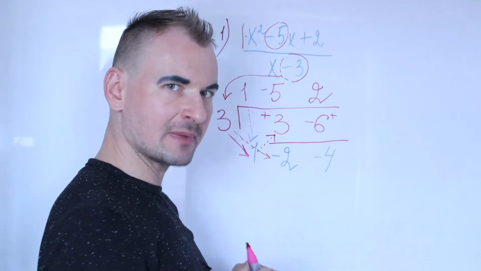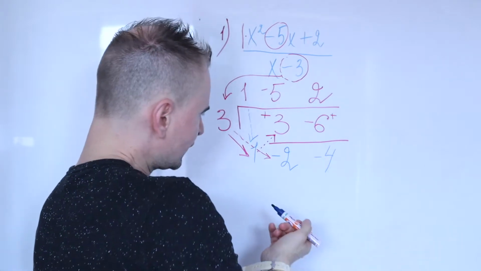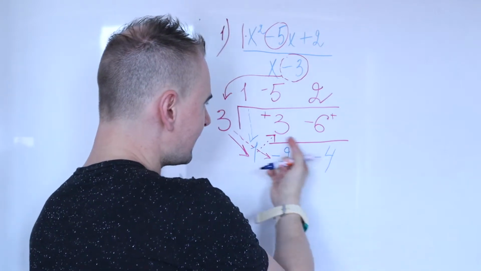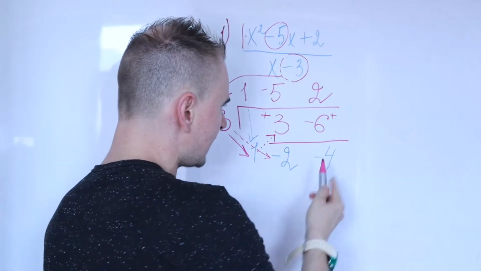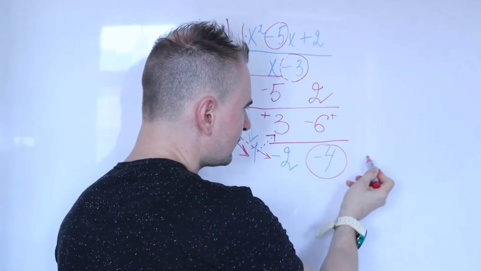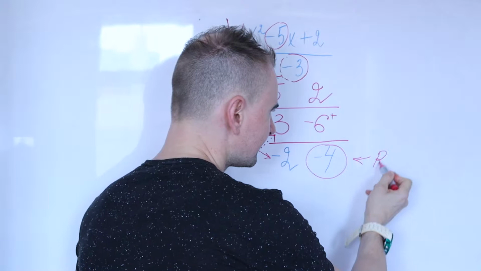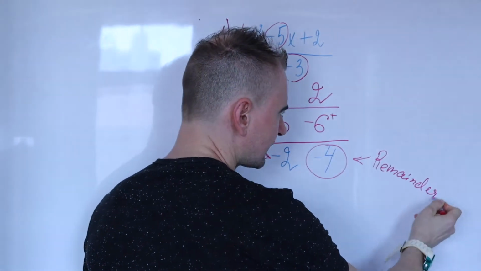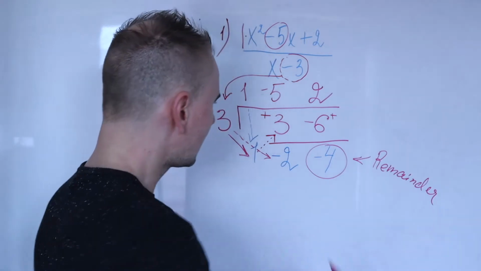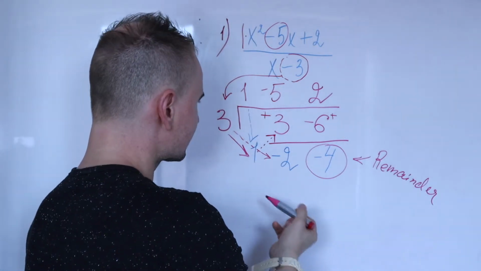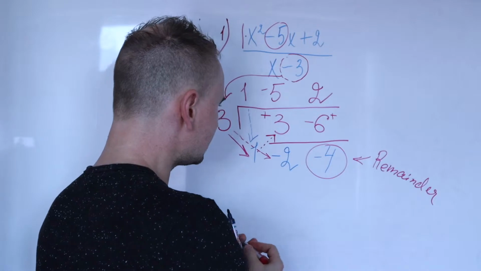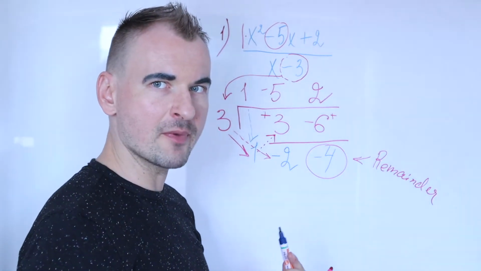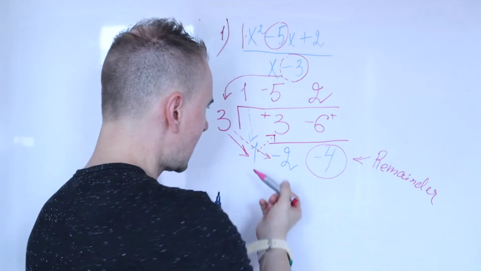Now I'm going to write my answer. The last number gives you the remainder of your division, and these two numbers give you the coefficients of your quotient basically.